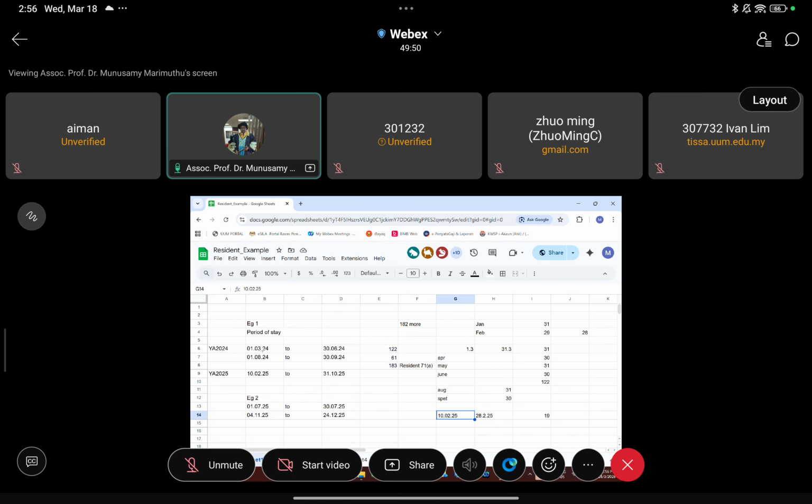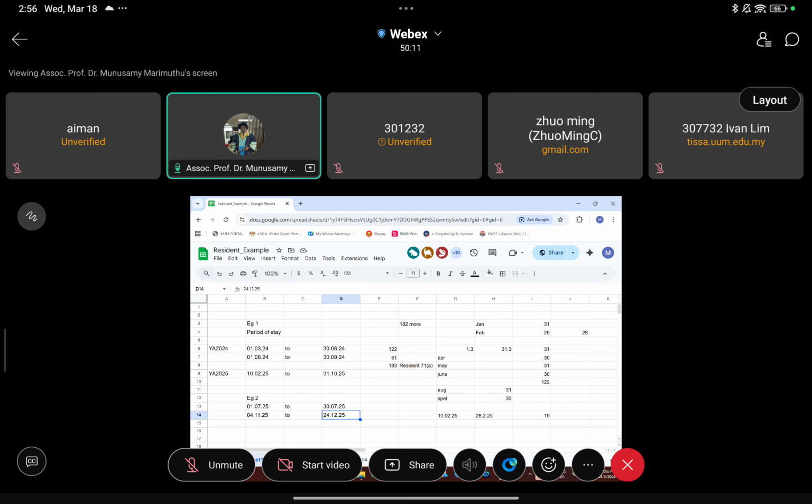You calculate lah, so I make it fast. 28 minus 10 plus 1. 28 minus 10 is 18. 18 plus 1, 19 days. Okay, then we'll continue because this is October.